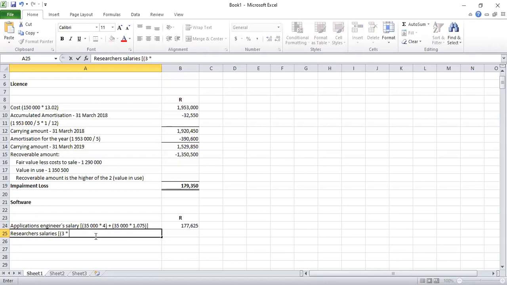Three times 35,000 times 4 for the 4 months. Then plus 3 times 35,000 times 1.075 for the January month when the salary had increased.